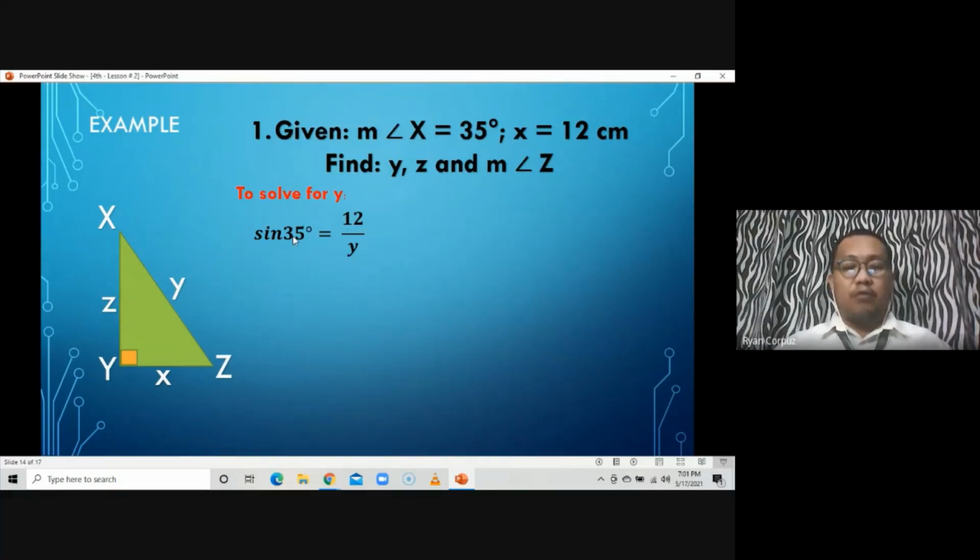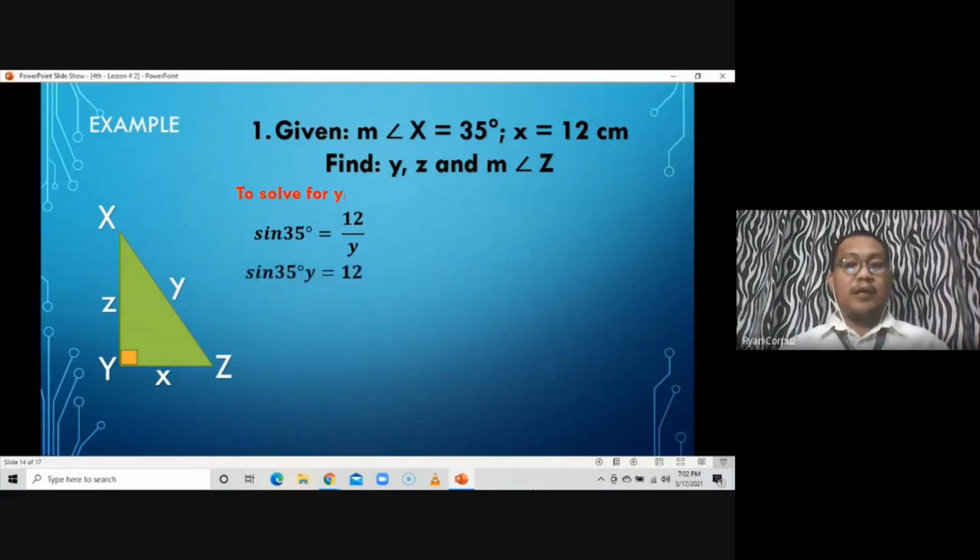Then from there, you can use cross multiplication because sine 35 degrees is sine 35 degrees over 1. Sine 35 degrees times y, you come up with y sine 35 degrees. Then 12 times 1, you come up with 12.